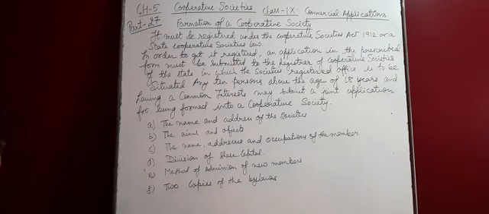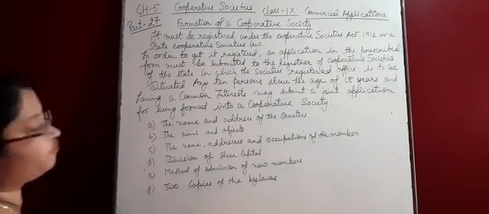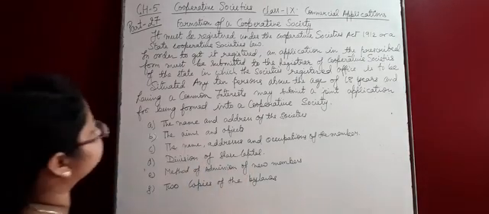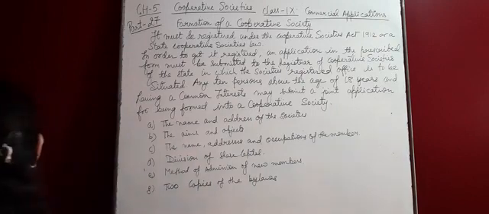After getting the certificate of incorporation, the society becomes a body corporate with a separate legal entity of its own, with perpetual succession and limited liability of its members. So this is the formation of a cooperative society, how we form cooperative societies under registration.